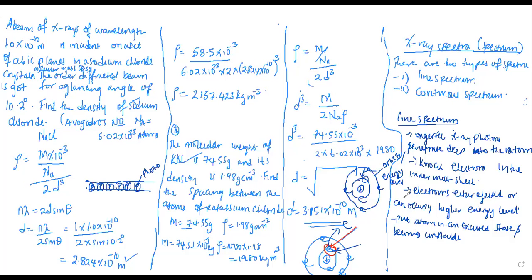Something I've mixed up. I said energetic X-ray photons. No, these are not X-rays which penetrate. They are energetic electrons. Remember our X-ray tube: we move electrons from the cathode and they strike the target atoms of the anode.